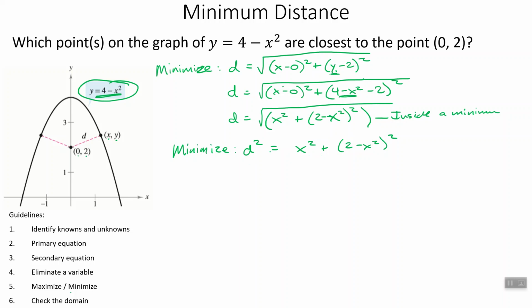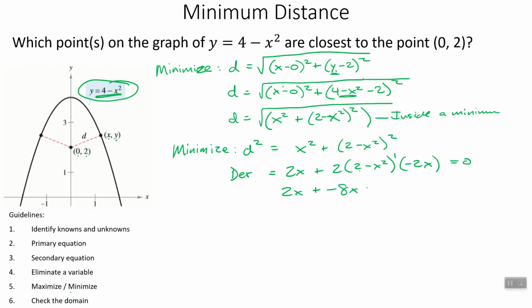All right, so now we can take the derivative. So the first derivative equals 2x plus, we can do a chain rule here, 2 times (2 minus x squared) to the first, times the derivative of the inside. And we want to set this equal to 0. We're probably going to want to simplify this. So we get 2x plus, distribute, negative 4x times 2 is negative 8x.